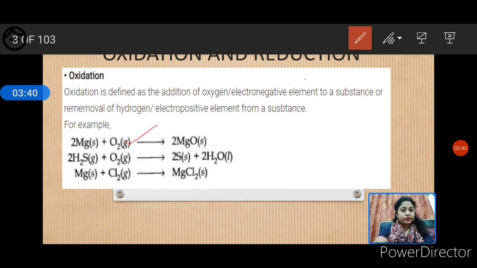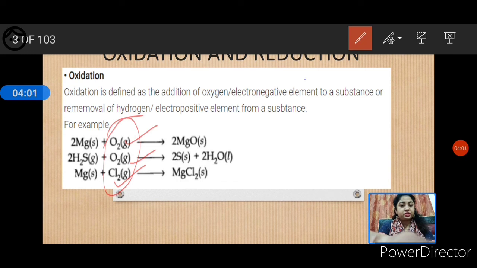In the second equation you can see again that because of this oxygen only, oxidation is occurring. So oxygen here is an oxidizing agent. Chlorine, because of chlorine only oxidation is occurring. So here chlorine is your oxidizing agent. So all these three are oxidizing agents and these reactions are oxidation.